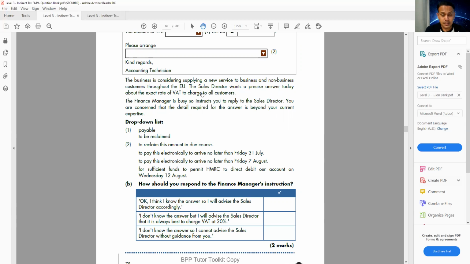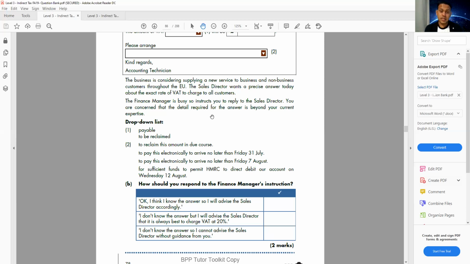The sales director wants a precise answer today about the exact rate of the VAT to charge to all customers. The finance manager is busy, so instructs you to reply to the sales director. You are concerned that the detail required for the answer is beyond your current experience. So basically, the finance director is busy and they ask you to give some advice.